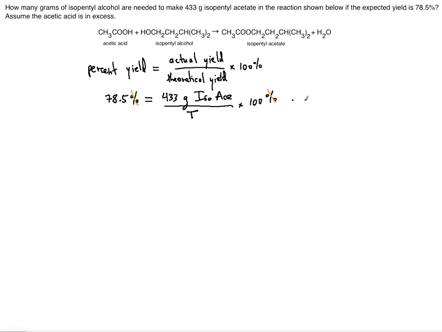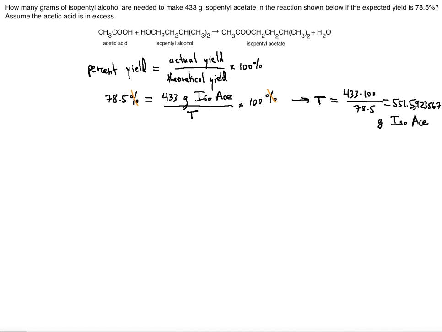So we just have to crunch the numbers and solve for T. T is equal to 433 times 100 divided by 78.5, and if you do this in the calculator, you will get 551.5923567 grams of isopentyl acetate.